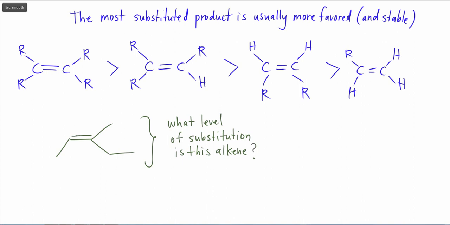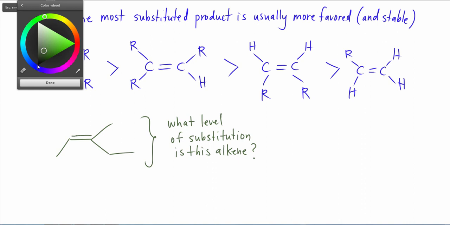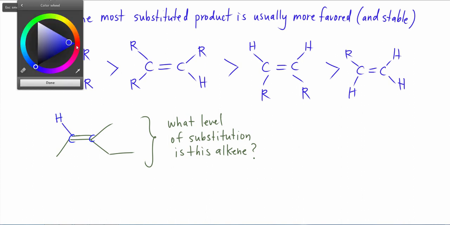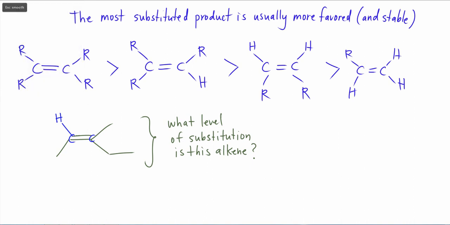Okay, so what you should be able to recognize is, all of this goes back to the things we did in chapter 1, being able to recognize the molecular formula, what group is what, and understanding that this is a carbon and that's a carbon, and this is an implied hydrogen. So if I circle my R groups, this is a CH3, this is a CH2, CH3, and this is a CH3.